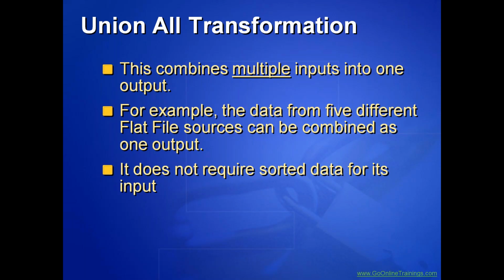You can take any number of sources, but all sources must have the same columns. You cannot combine customers data with sales data. You need customers America, customers India, customers Japan, customers Dubai: the same kind of data in different files, all merged into a single destination. That is when we use union all.